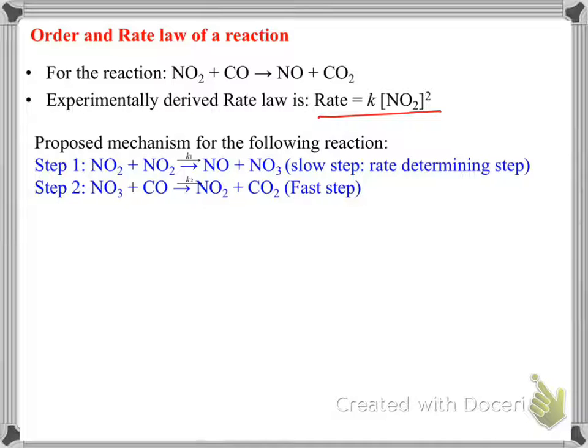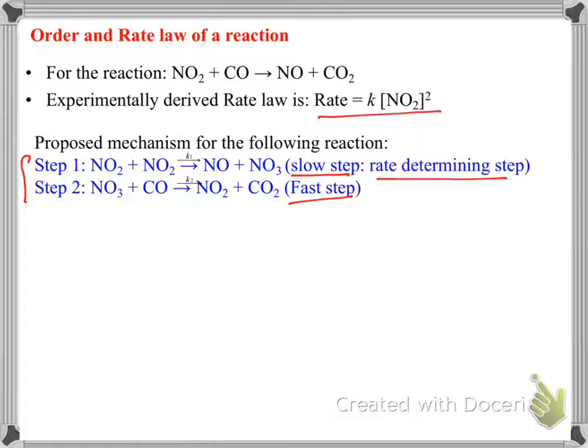It shows that the rate depends on the concentration of NO2 and not even CO, and it is a second order reaction with respect to NO2. Now, we know that the reaction is taking place in two steps. Step 1 is the slow step, and the slow step is considered the rate determining step, and the fast step is not involved in determining the rate.